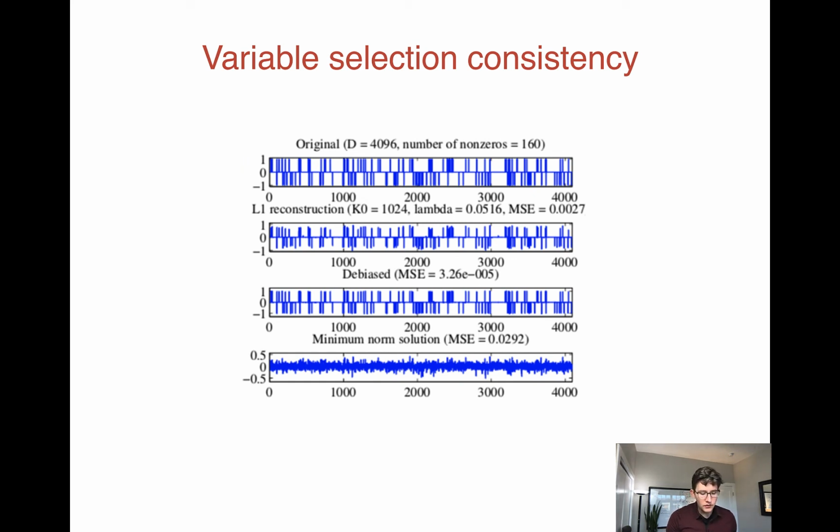We have a vector of 4,096 features, of which 160 are non-zero. This is the full 4,000-dimensional vector, and the weights are either +1 or -1. You can see that a lot of the points here are 0, meaning that a very small fraction of the features in fact have non-zero weight.